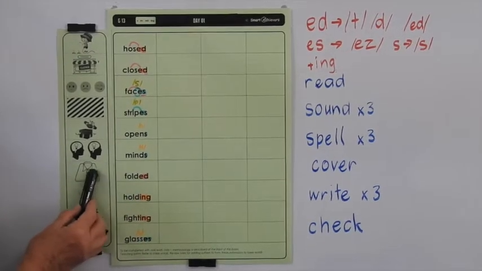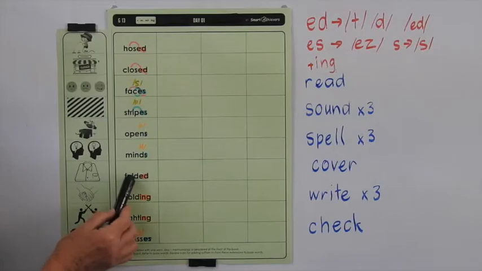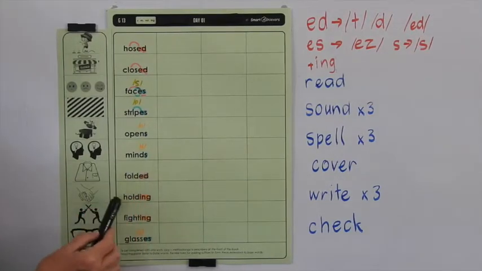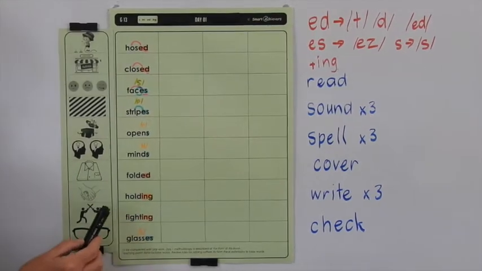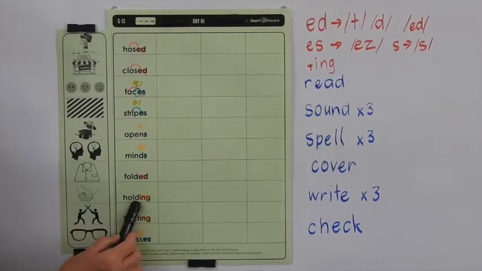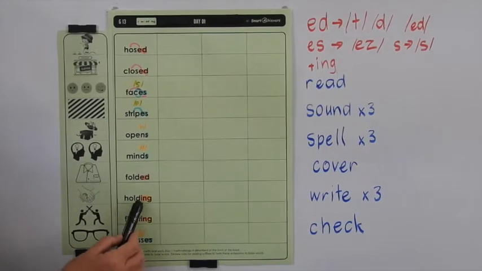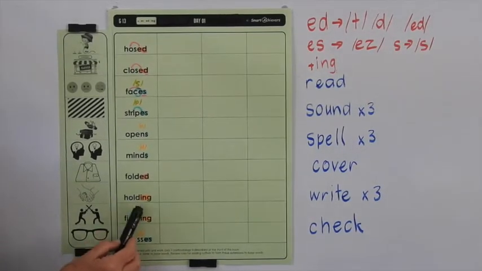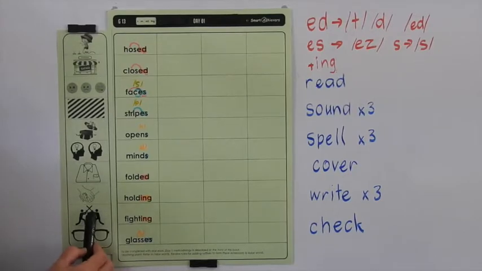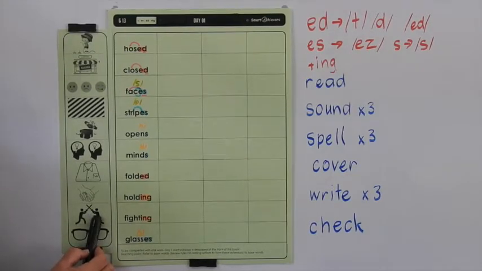So you might have folded the washing for mum, or you folded a paper aeroplane. It means you've already done it when you add ed. Holding, she is holding my hand, so that's something you're doing now. So it's a verb. Fighting is something that you could be doing. These people are fighting with swords.